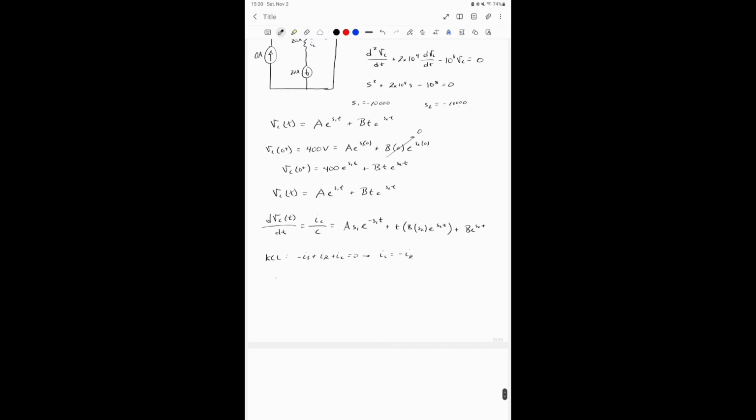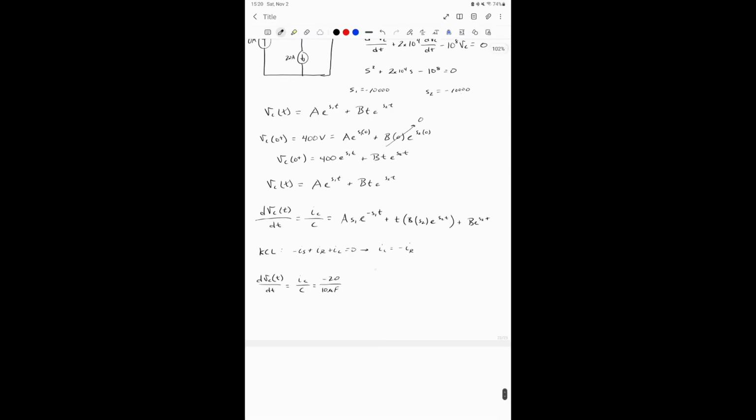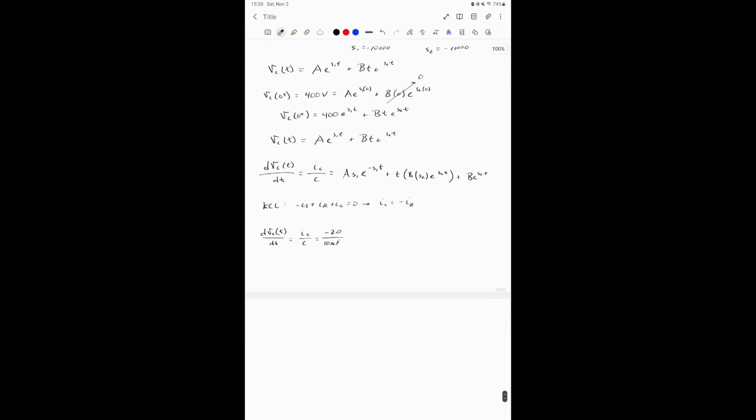So let's plug into this equation right here. So dVC of t over dt is equal to IC over C, which is equal to negative 20 divided by 10 microfarads, which is equal to, let's see, we already have an A value, right?